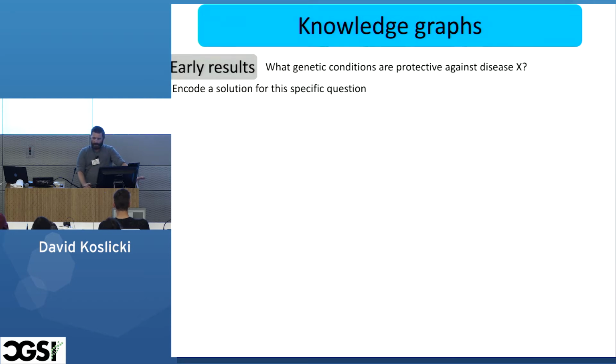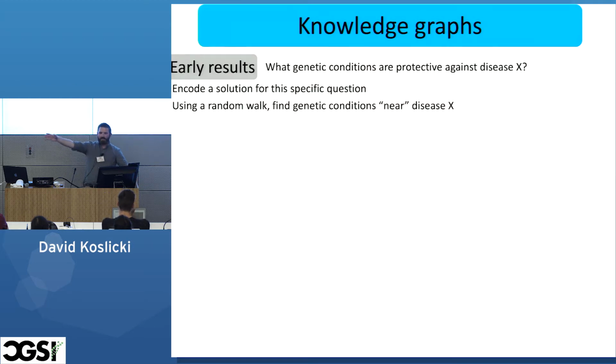So what we can do is we can sit down and we can encode a specific solution to answer this one exact question. So let's go ahead and, using a random walk, find genetic conditions in some sort of neighborhood near the particular input disease, which I'm calling X right here. And so let's look at a couple of instances of this. Let's say X is sickle cell anemia. What genetic conditions are protective?